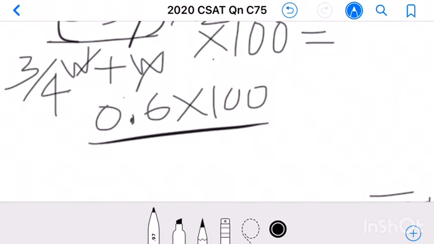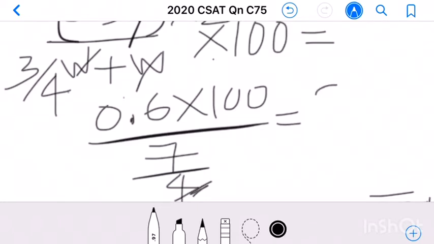Here the denominator is 3 by 4 plus 1, which equals 7 by 4. We get 60 into 4, the 4 comes into the numerator, 240 divided by 7.